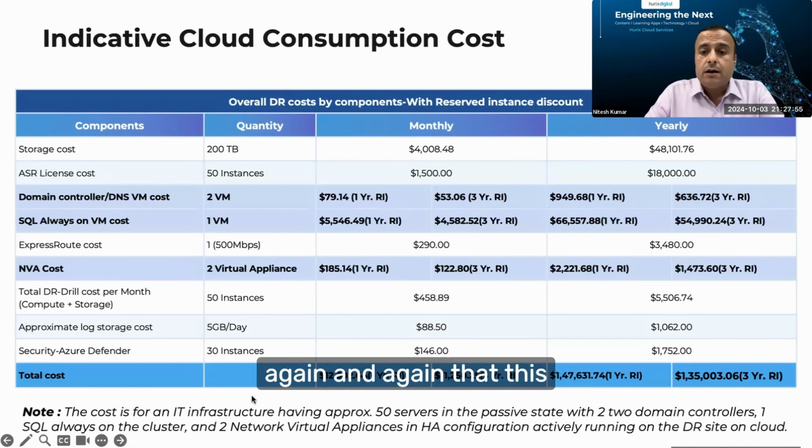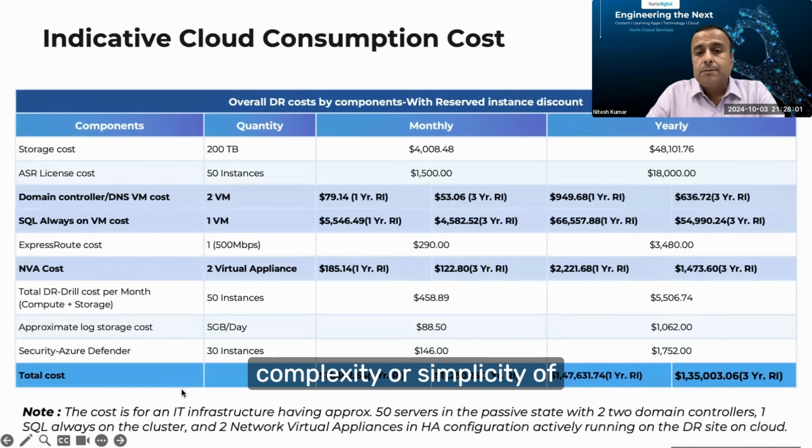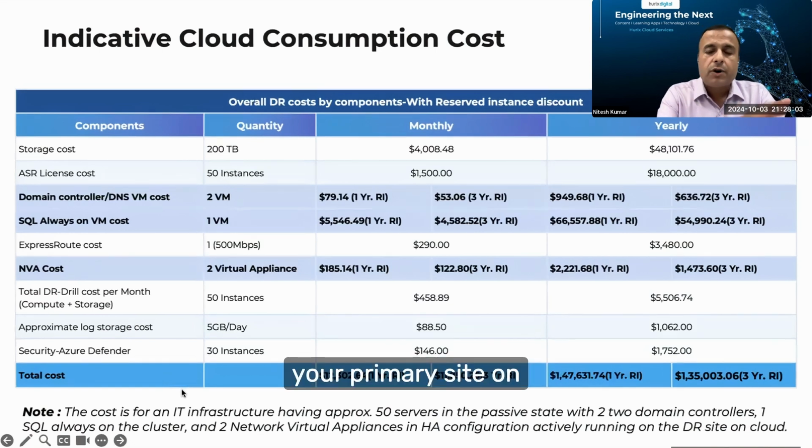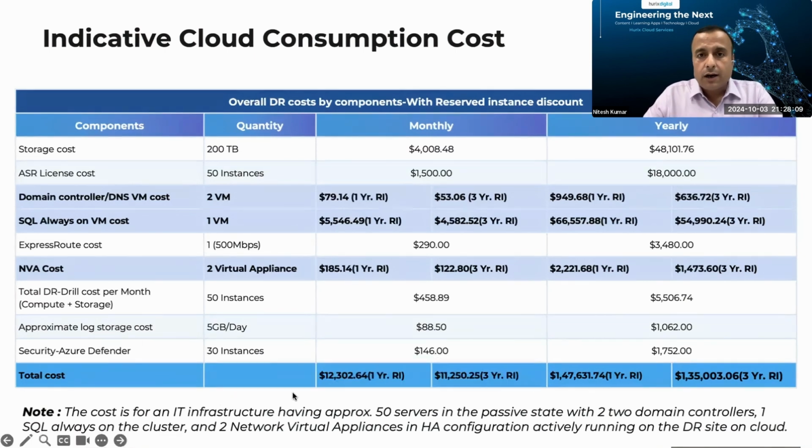And as I have been saying again and again, this cost is indicative. Depending on the complexity or simplicity of your primary site on premise, this cost may go up or down accordingly.